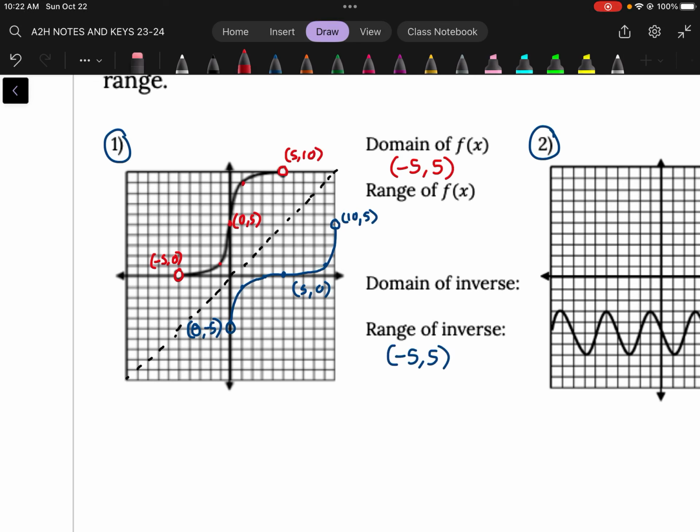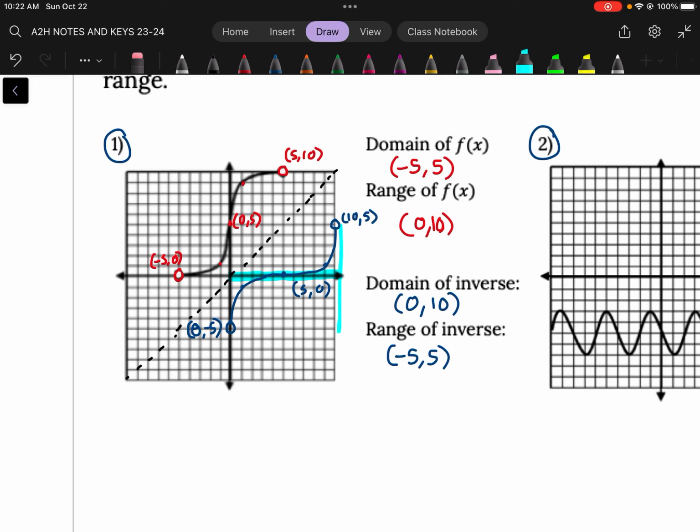Now I look at the range of the red function, the original, 0 to 10. And I know, oh wait a second, that's buy one, get one free. 0 to 10 is the domain of the inverse, and I can scan across. That makes sense. 0 to 10 for the domain of my inverse, and negative 5 to 5 for the range of my inverse. Hopefully that one checks out, okay?